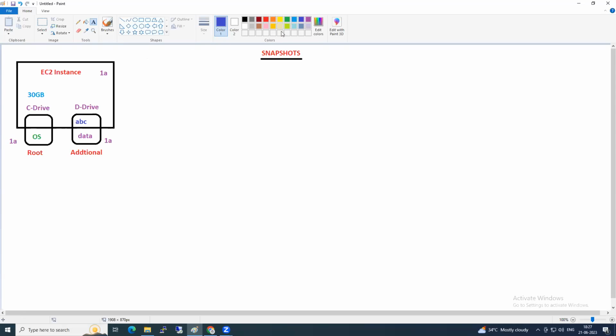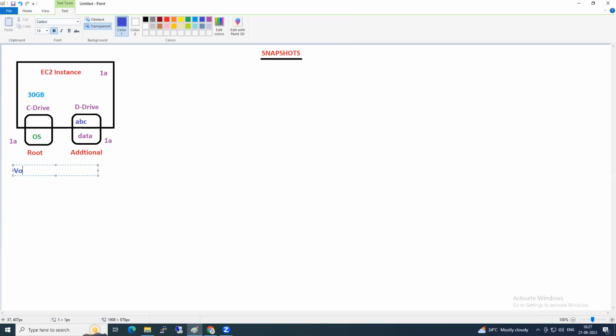Now I take a snapshot. Let's say the volume size is 50 GB. If you take a backup of that volume, how much is the snapshot? Same, 50 GB. So this 50 GB contains your data called ABC.